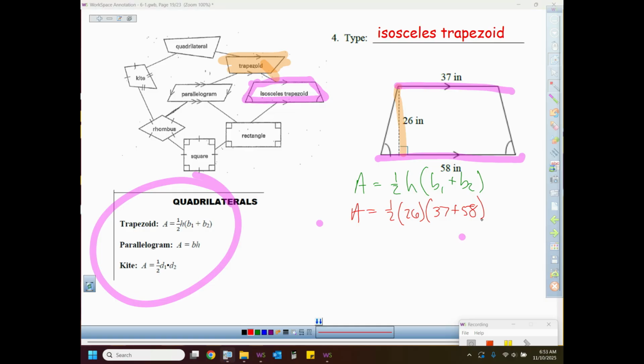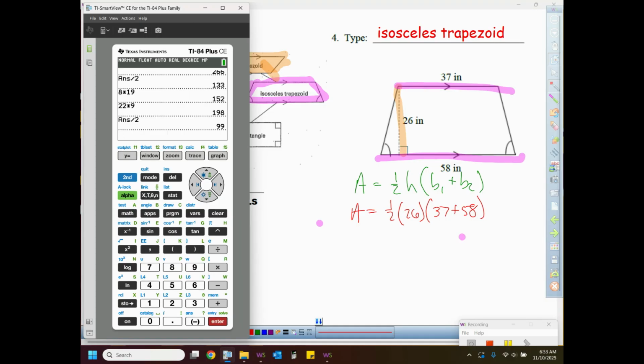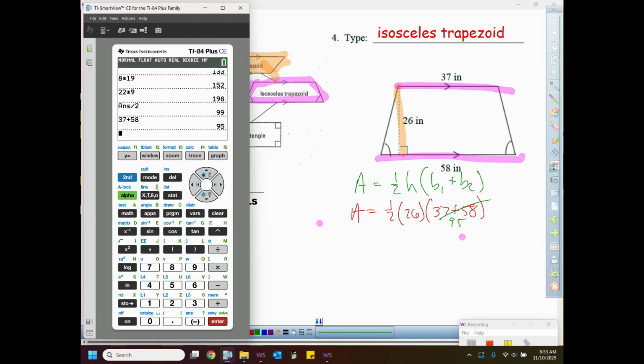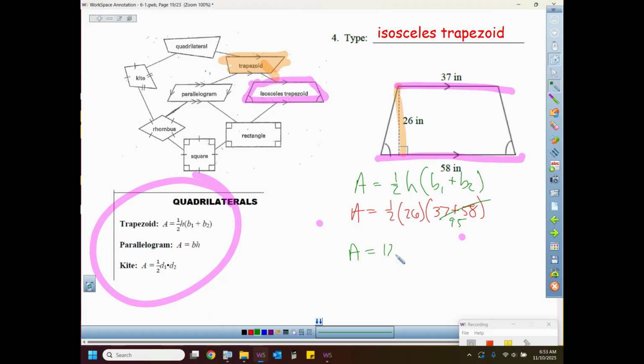And I'll go figure out what 37 plus 58 is. And that's 95, so I'll lightly scratch that out and put a 95 right there. I just want to see that you put the right numbers in the place that they're supposed to go. So 26 times 95, hit equals, and then divided by 2, 1235. And we'll go with inches squared.